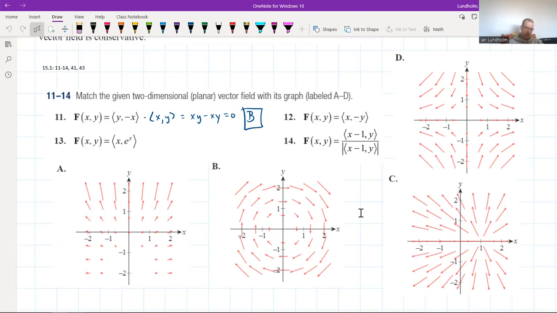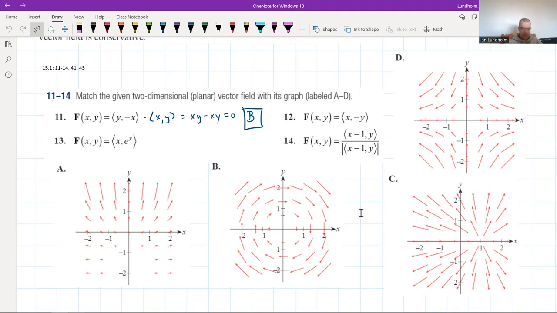Let's go to number 12. X and minus y. So we're going to be going in the same direction as whatever x value we're at, and we're going to go in the opposite direction of whatever y value we're at.